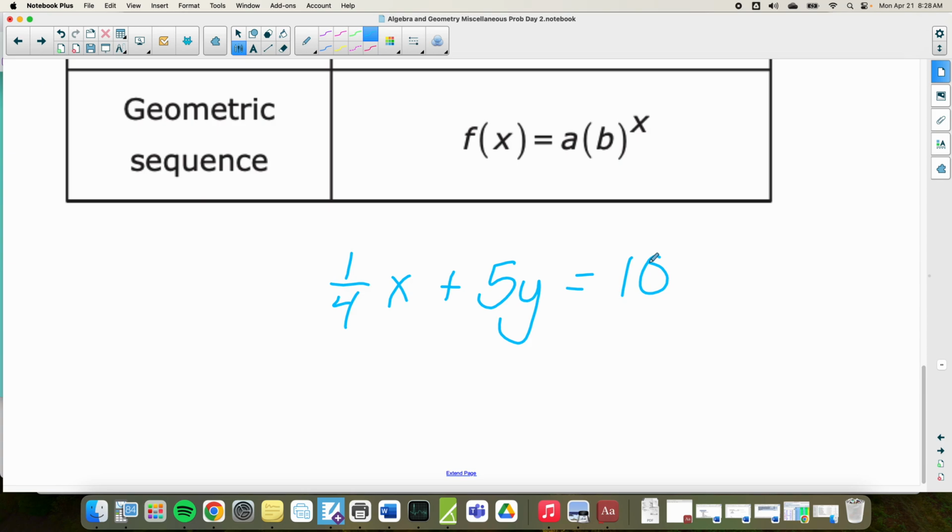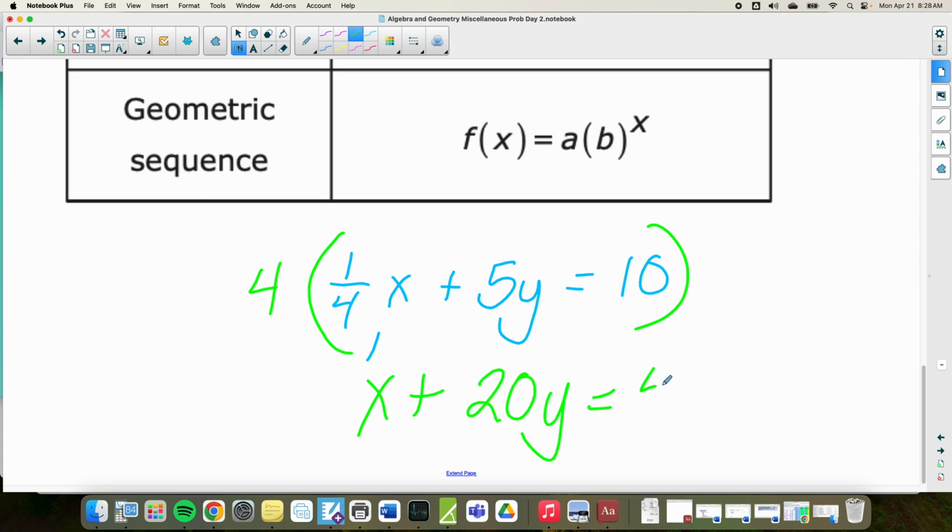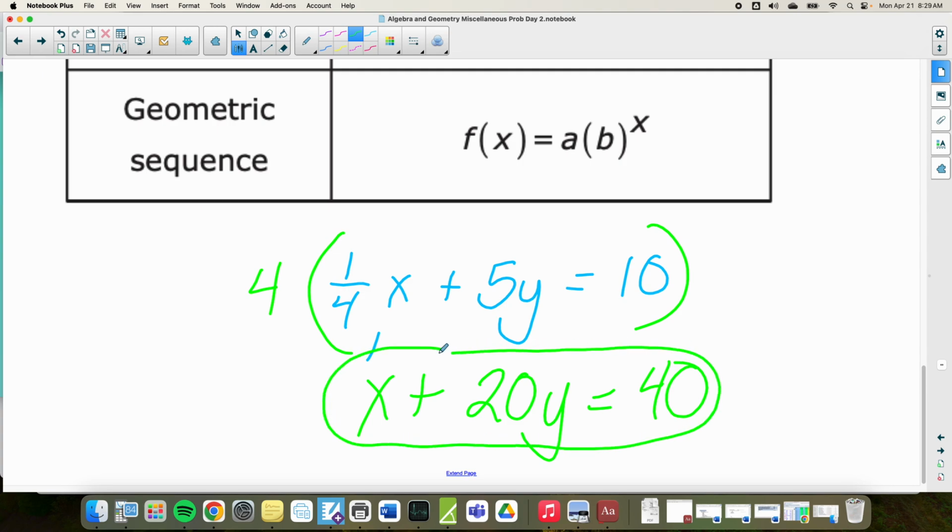So what you do is you multiply everything by whatever's on the bottom of your fraction. So what we're gonna do is multiply by 4, and 4 times 1/4 is just 1x, 4 times 5y is 20y, and 4 times 10 is 40. So this is in standard form, not that, okay?